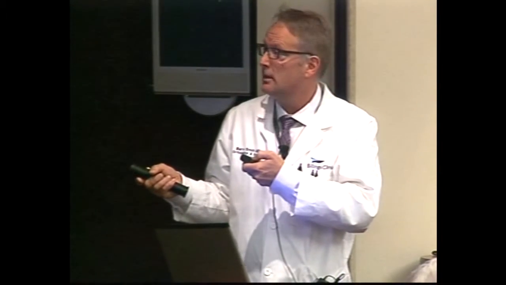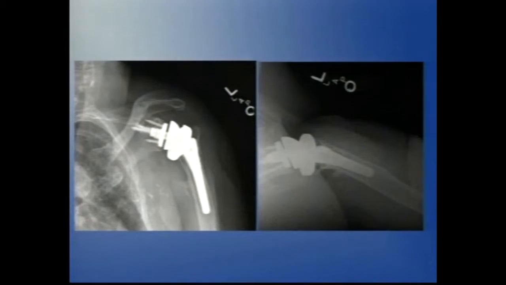Okay, now you don't have to get all fancy about knowing about this, but what it is, you put the ball on the socket side and the socket side on the ball side over here. And I don't remember his name, I think he's a French fella, but he's pretty smart. He said, well, you don't need a rotator cuff with this construct. You use your deltoid muscle to work the shoulder.